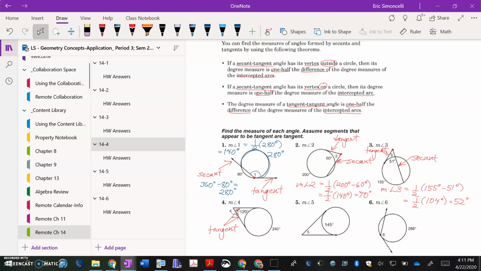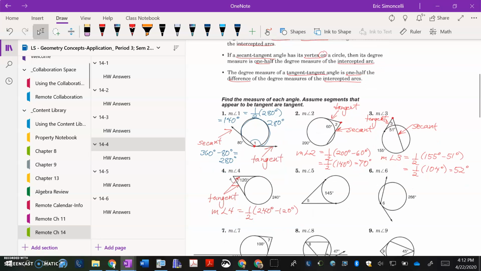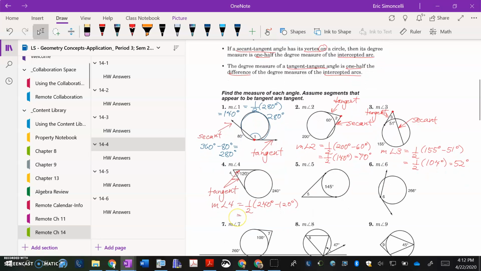The angle in question, angle 4 in particular, should be equal to 1/2 the difference between the two arcs of 240 and 120. So if we do the math, we'll see here that if we subtract, we get half of 120 and 16.